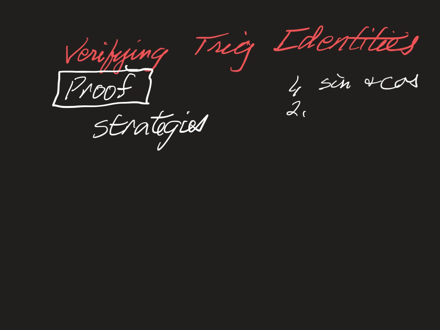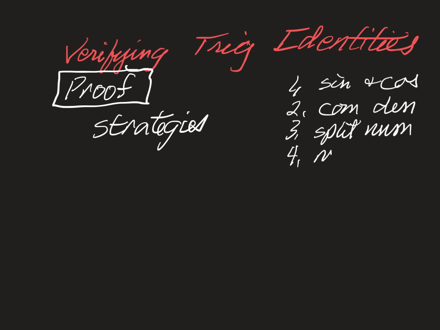Number 2, if there's a common denominator, or you need a common denominator, write it. Number 3, split numerators. All right, this is where we're going to start reusing all our algebra. All right, multiply by 1.